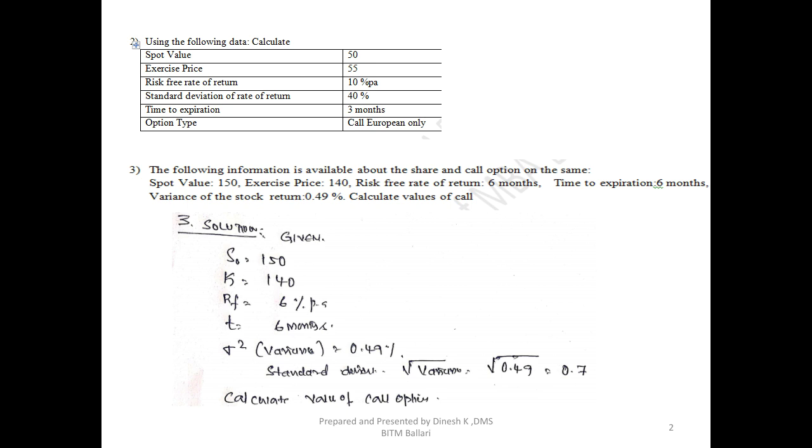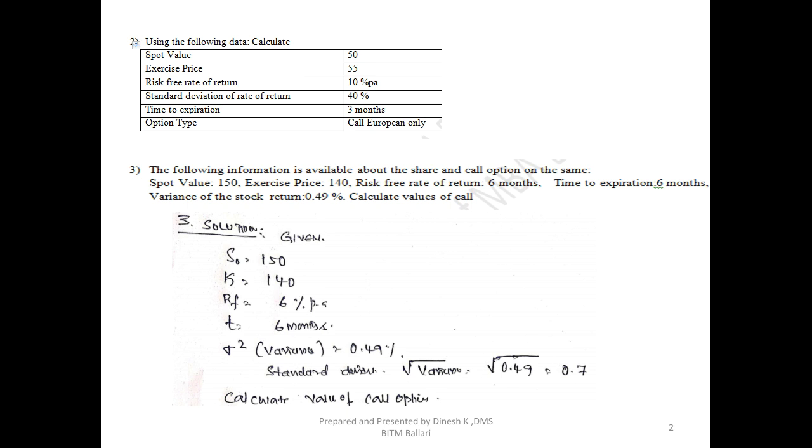Get me the solution. Question 3 is also quite similar to 1 and 2, but the thing to note here is that they have given the variance of the stock return as 0.49. For the Black Scholes model, we require a standard deviation, so I have to convert the variance to the standard deviation by taking the square root of the variance.